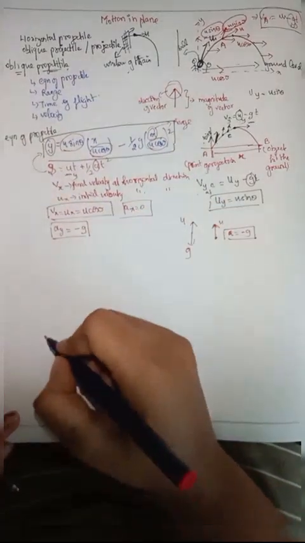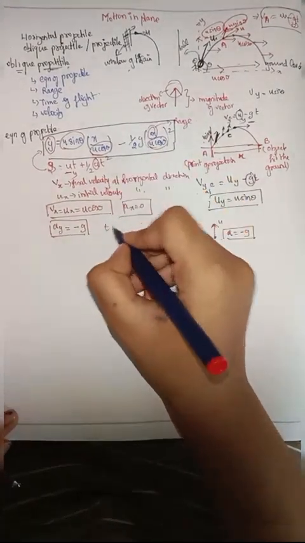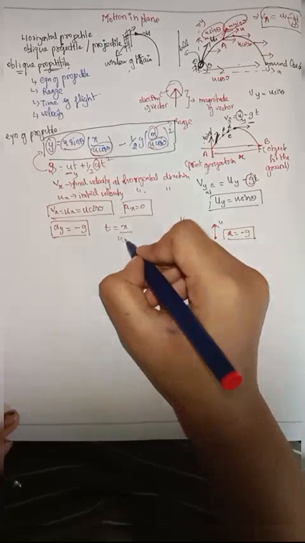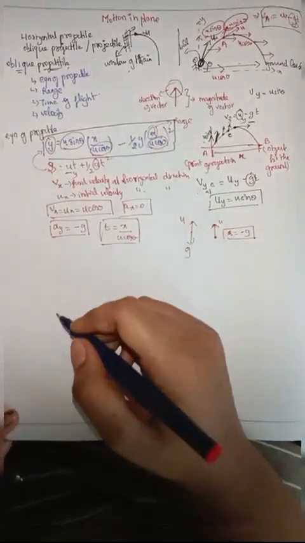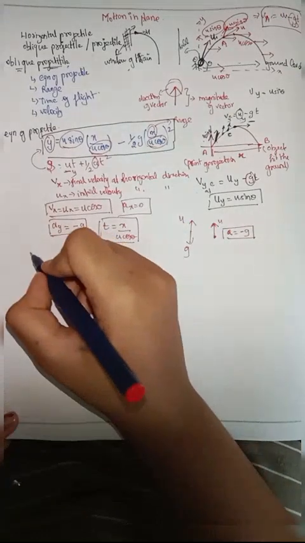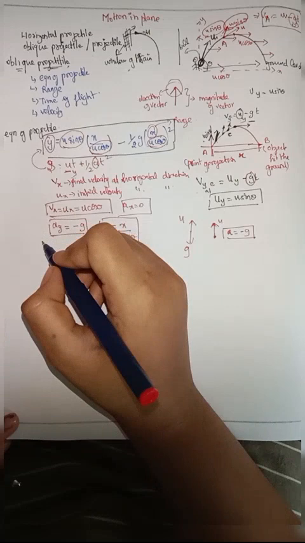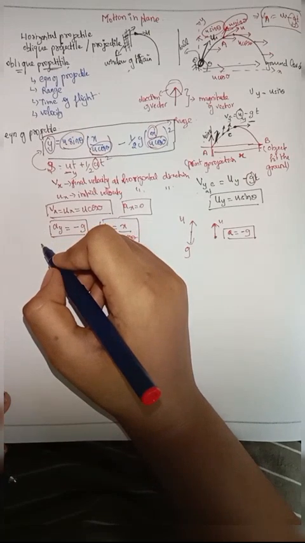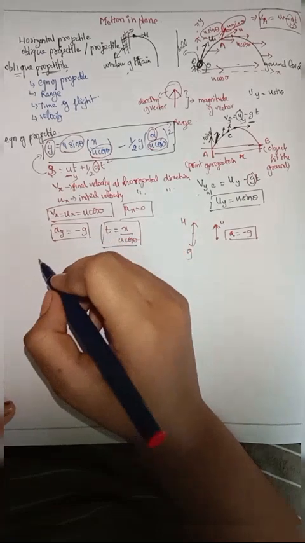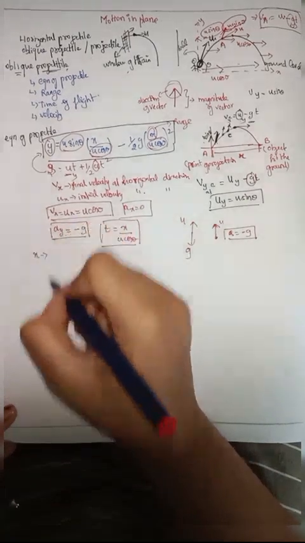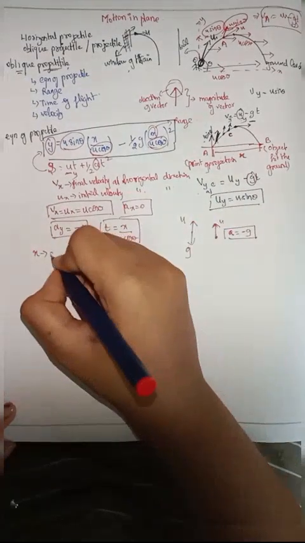Okay, and t represents t equal to x divided by u cos theta. You can ask me now where the t came from. As I said before, velocity remained constant, and the distance traveled by the body in a time t, we take as x. x is the distance traveled by the object in a particular time t in the horizontal direction.